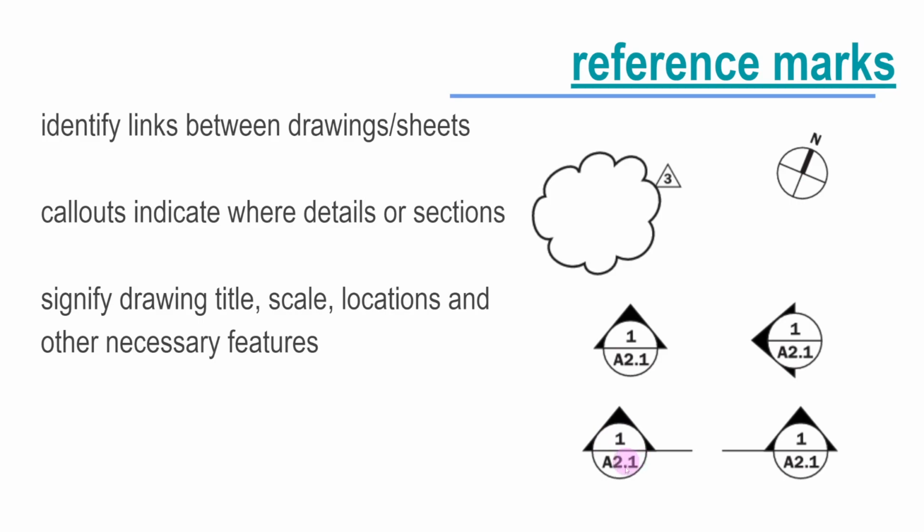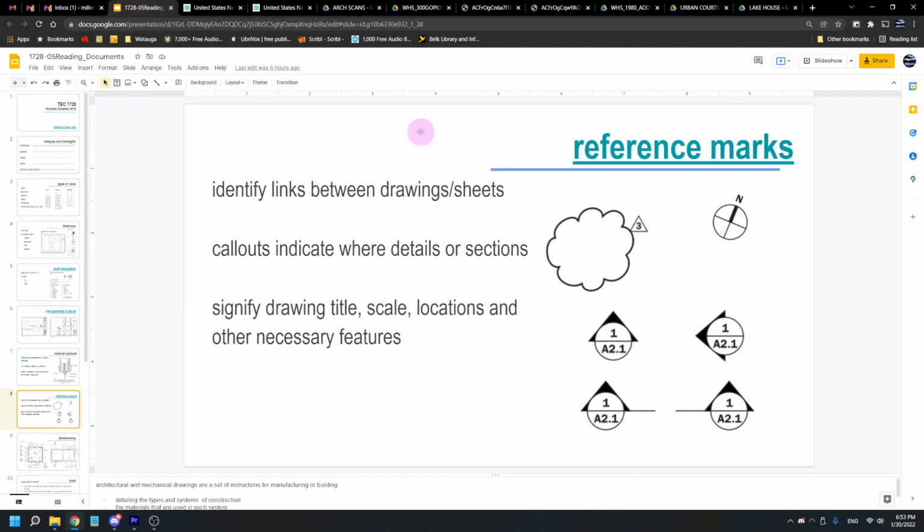So it just has a bunch of X's in it. And some of them have the view identifier saying go look at this view on this sheet, and then you go to that sheet and the view hasn't been drawn yet either. So they aren't a perfect set, but we've got lots of different reference marks to help understand our drawings.